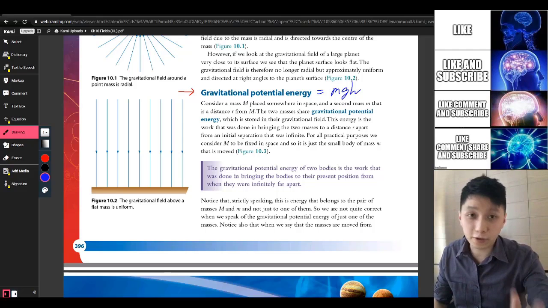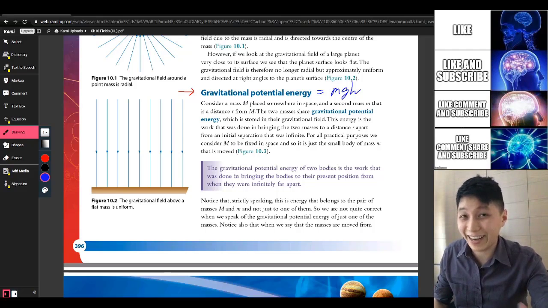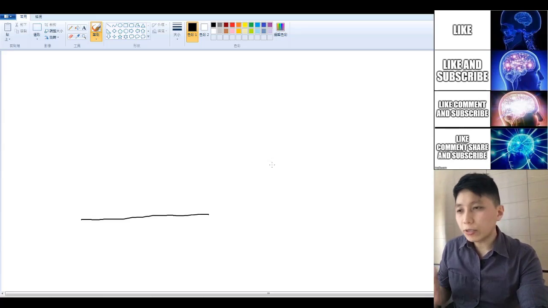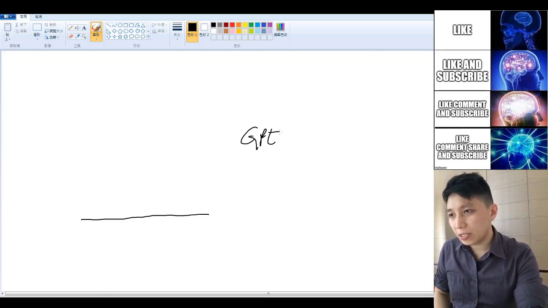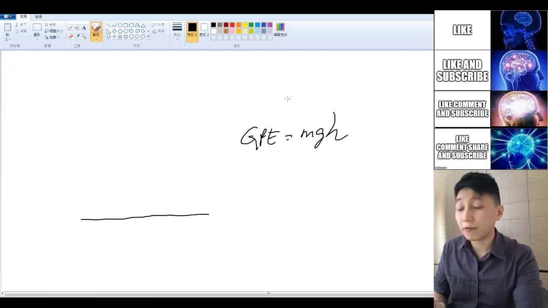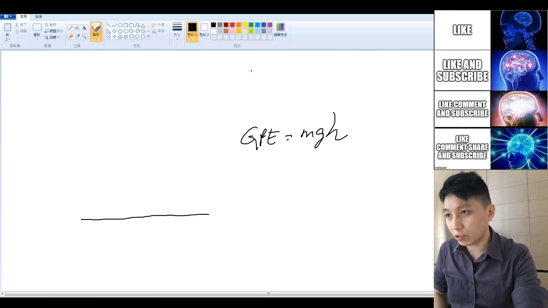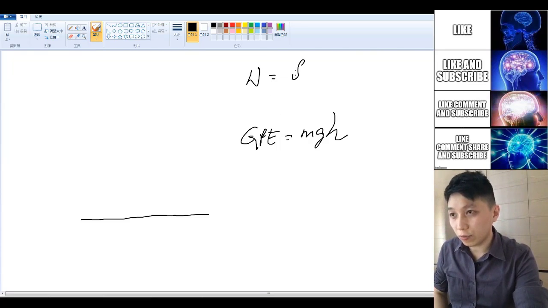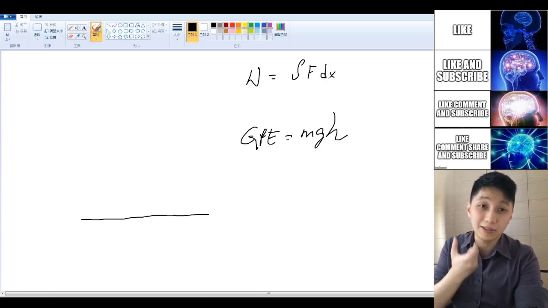Okay. I think first of all, you are too simple-minded and naive. If mgh is simply what we are going to use, then why do we bother to have a new chapter on this? Okay. Secondly, the reason why we have the GPE as the equation of mgh was derived from the first principle, which is work done equals to integrating force with respect to the distance.